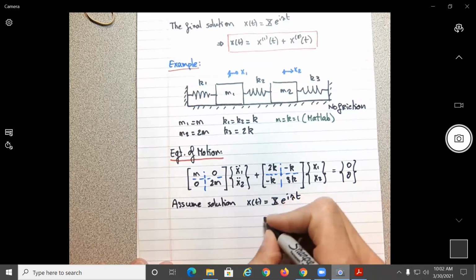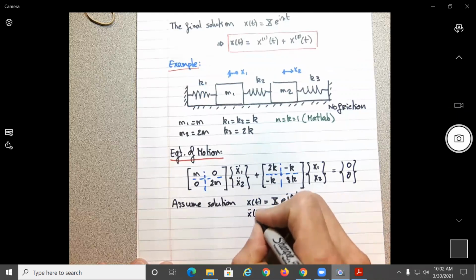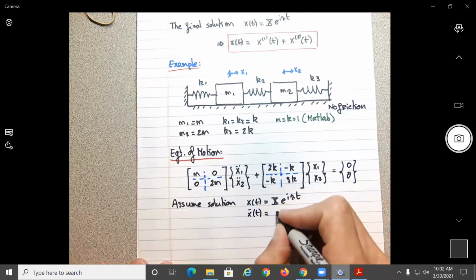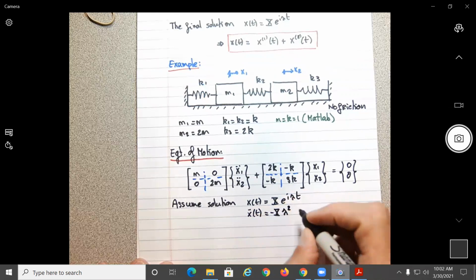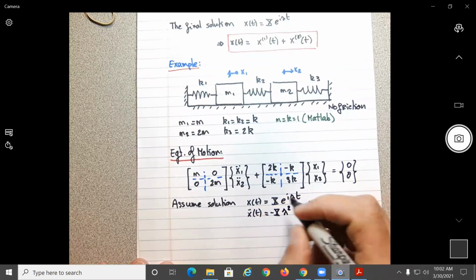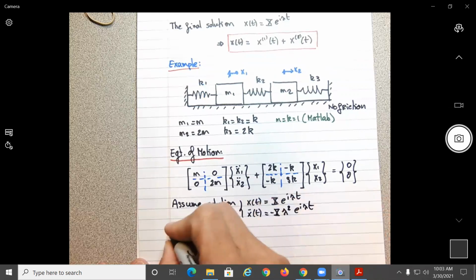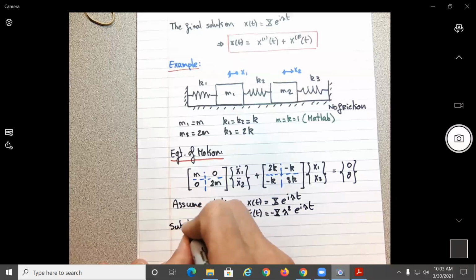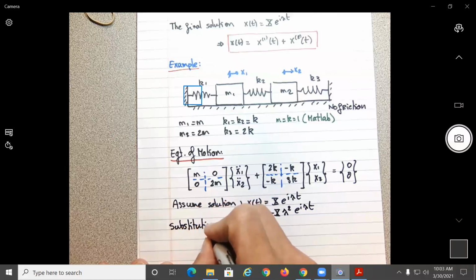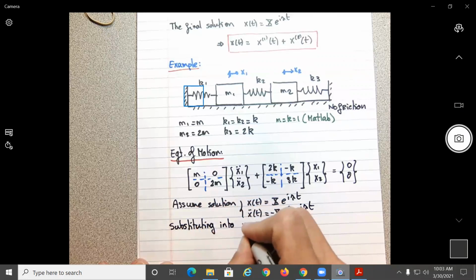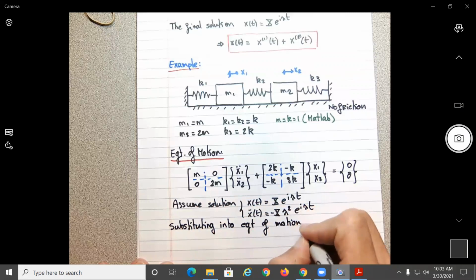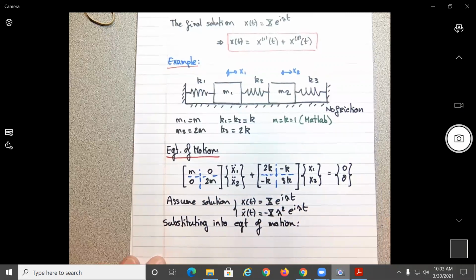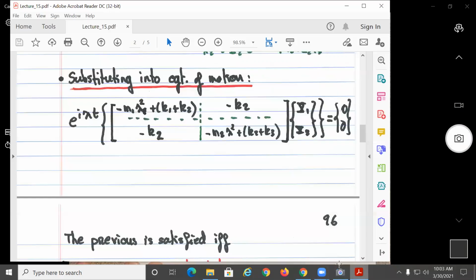This will mean that x double dot of t will be equal to minus x lambda squared e^(i lambda t). All right, so substituting into the equation of motion, we should get one equation that will be similar to this one, no?